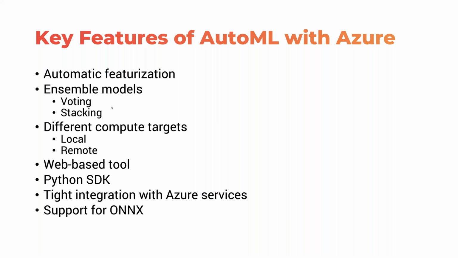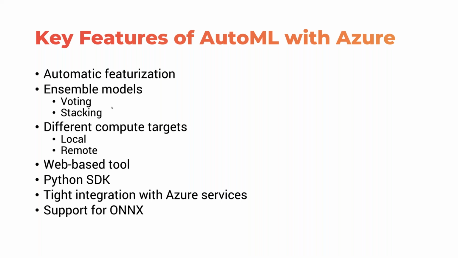The other important feature is you can use local compute target or remote compute target. So if you're actually using a smaller data set and a very simple problem, you can actually do it on your local machine.